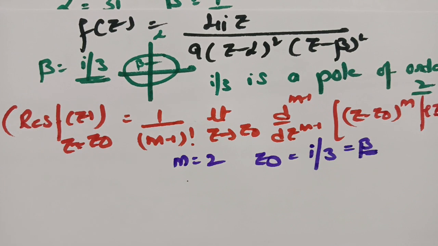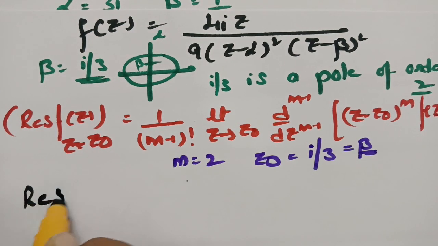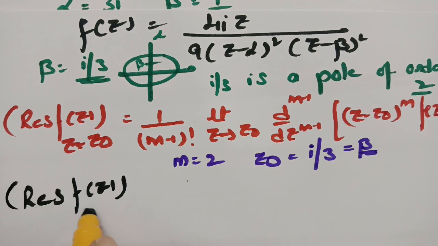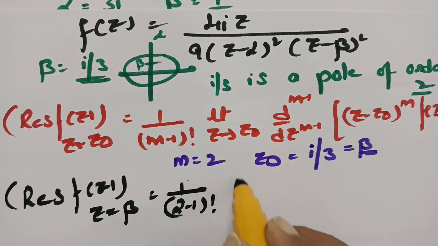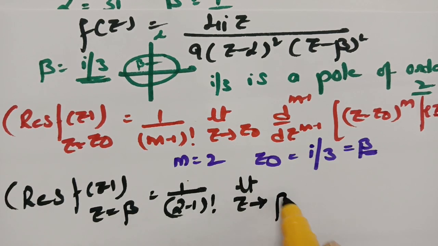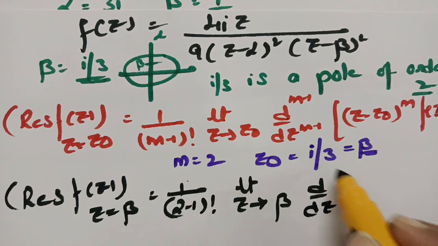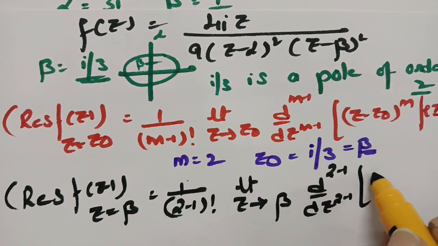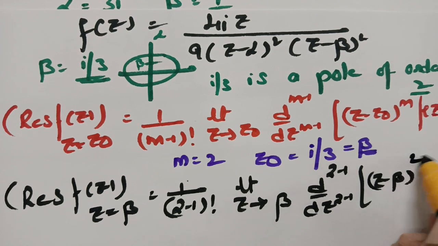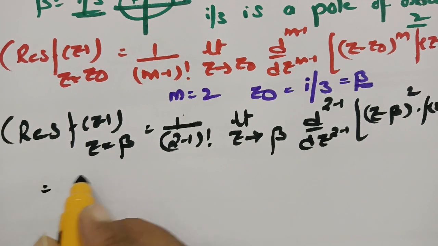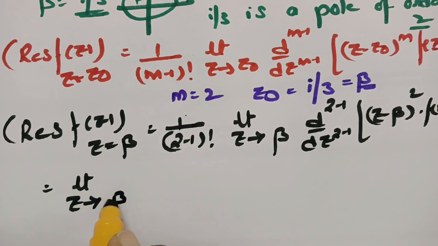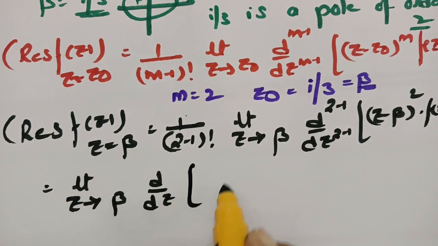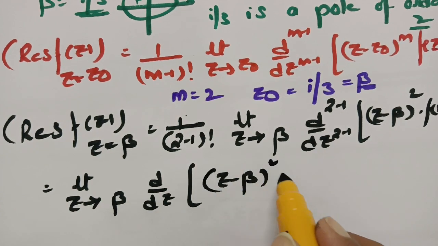Now for finding the residue at the interior pole, the residue of f of z at z is equal to beta is 1 by (2 minus 1) factorial into limit z tends to beta, d by dz power (2 minus 1), into (z minus beta) whole square into f of z. 2 minus 1 factorial is again 1. So limit z tends to beta, d by dz of (z minus beta) whole square into f of z.